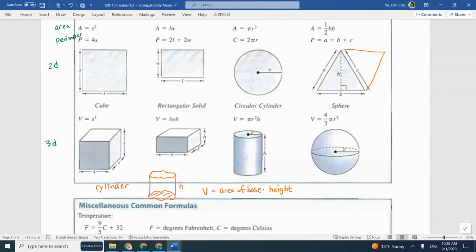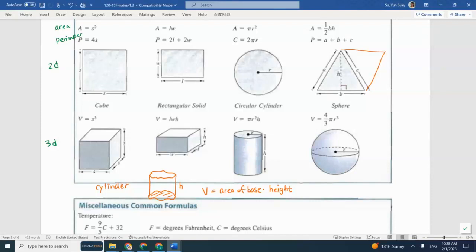But all of these you consider as cylinder. You can also have a cylinder where your base is a triangle. So all of this volume is area base times height.